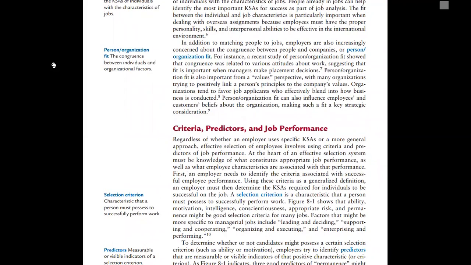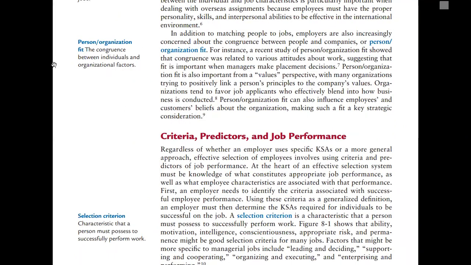In order to do that, the criteria or the predictors of the job performance are identified, and then these are used to identify what sort of KSA is required to do the job. For example, for an accountant, the required criteria would be to have the required knowledge of accountancy and to be good in maths.